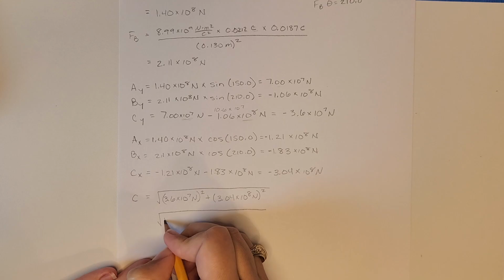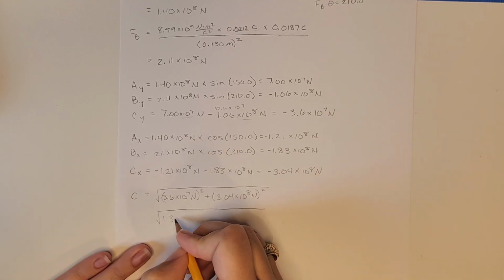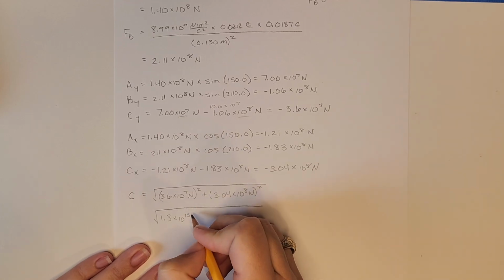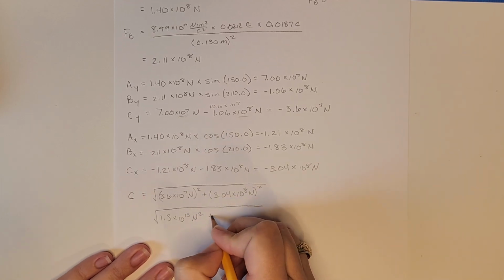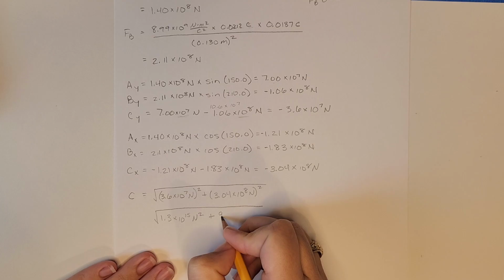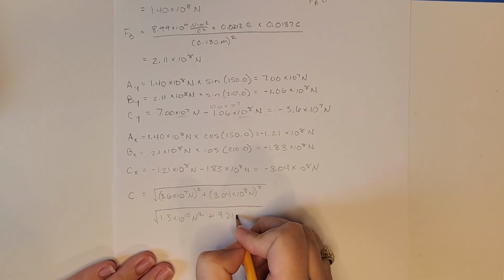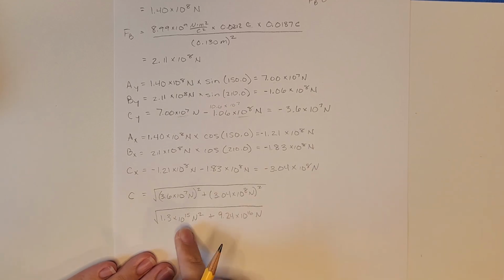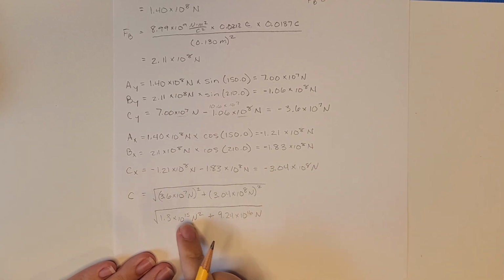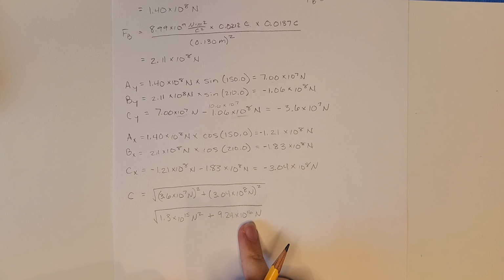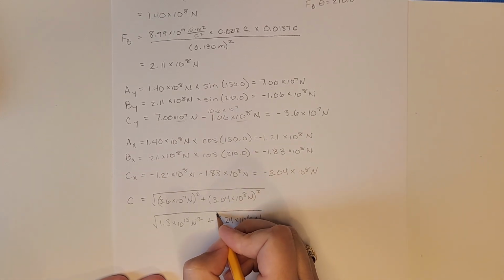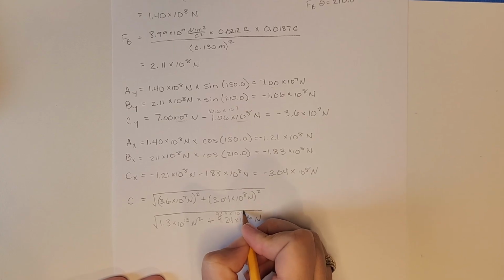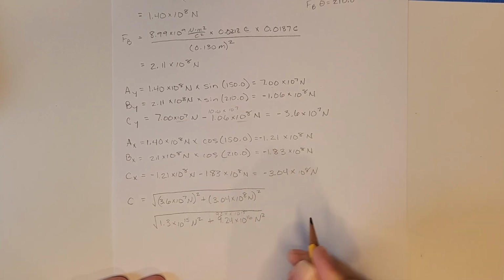And so we get 1.3 times 10 to the 15th square newtons plus 9.24 times 10 to the 16th square newtons. Notice I have two different values here, so this could be written as 92.4 times 10 to the 15th square newtons.